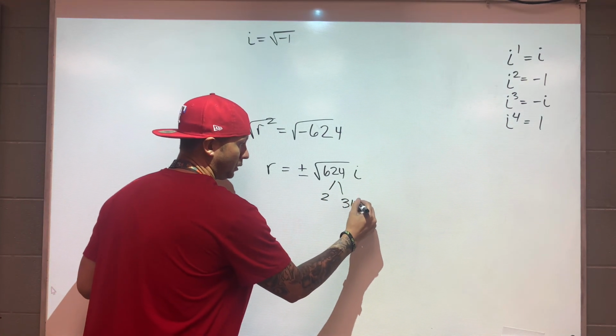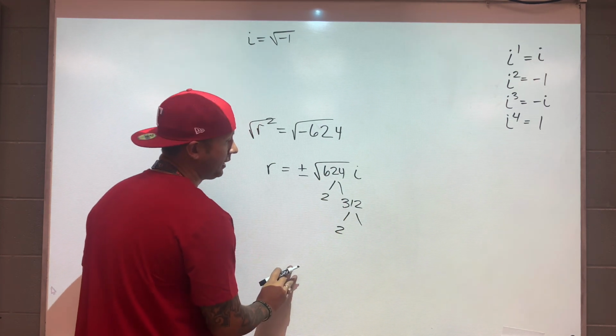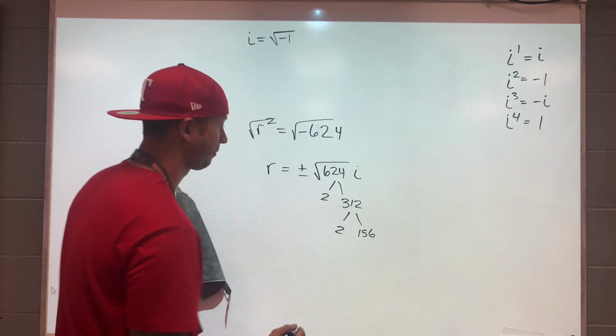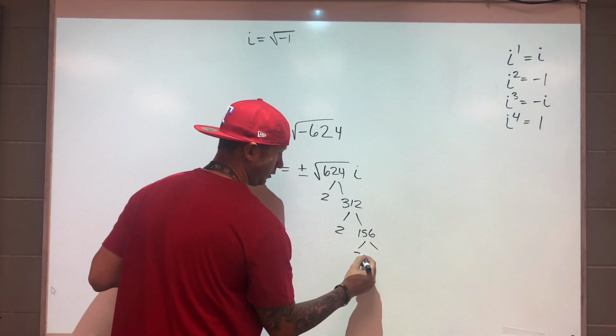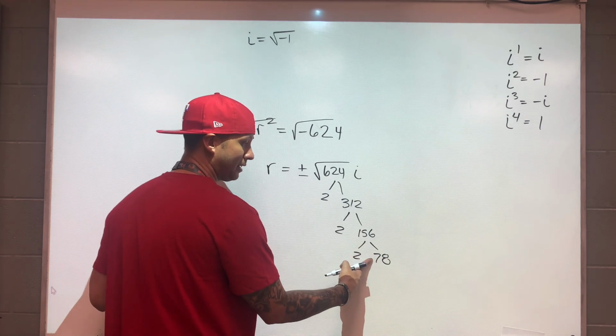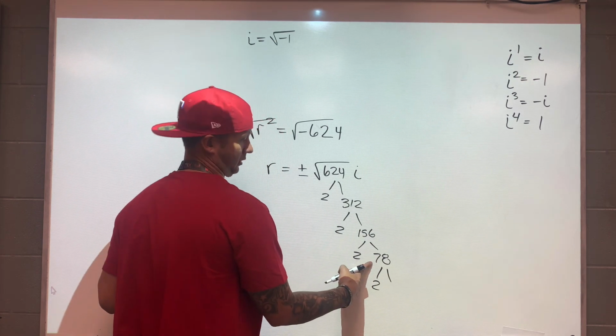So 3, 1, 2, right? 2 goes into that. Divide by 2 again. This is going to be 156. 2 again. 78. 2 goes into 15 7 times. 16, 8. 2 is going to go into this.